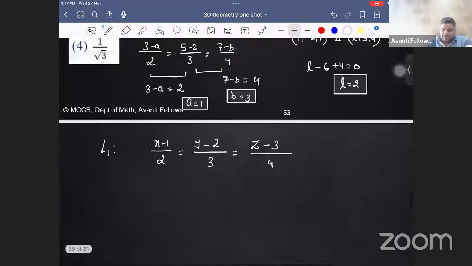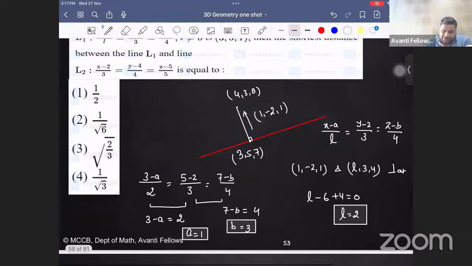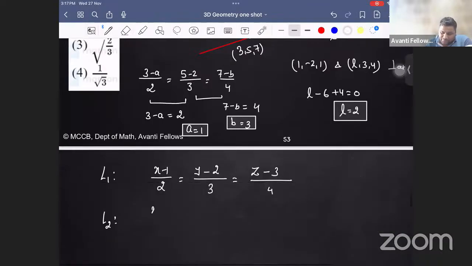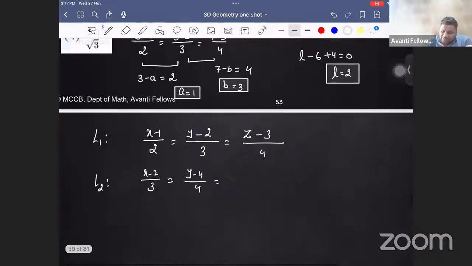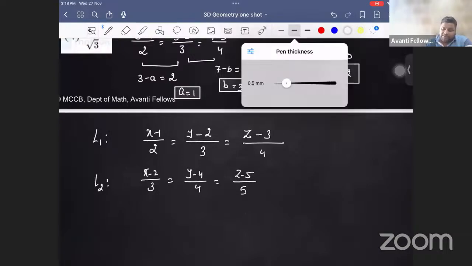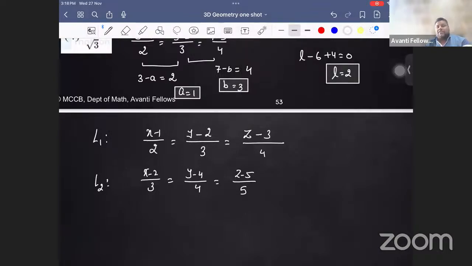This is L1. Now L2 is what? L2 is already given to you, (x minus 2) by 3 is (y minus 4) by 4 is (z minus 5) upon 5. Got it? Now you need to find the shortest distance between these two lines.